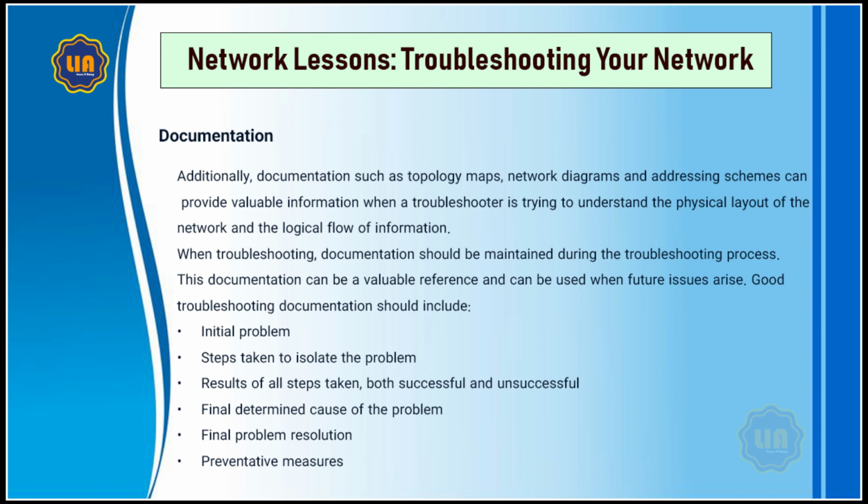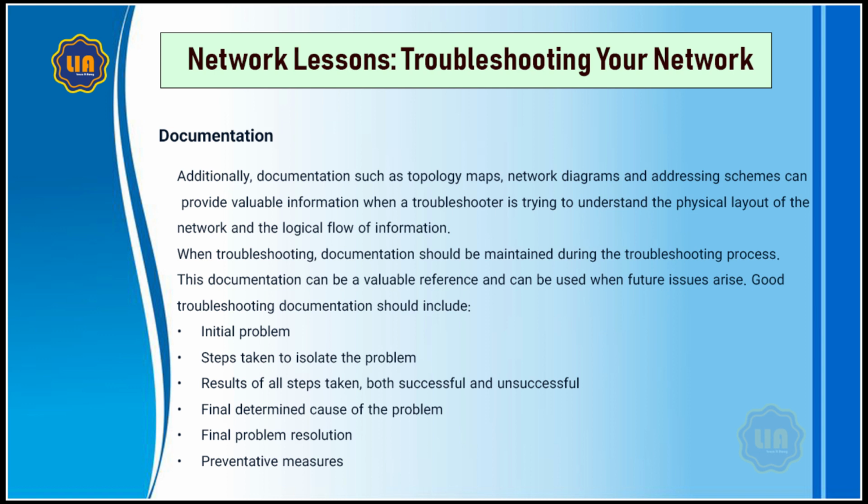Additionally, documentation such as topology maps, network diagrams and addressing schemes can provide valuable information when a troubleshooter is trying to understand the physical layout of the network and the logical flow of information. When troubleshooting, documentation should be maintained during the troubleshooting process.